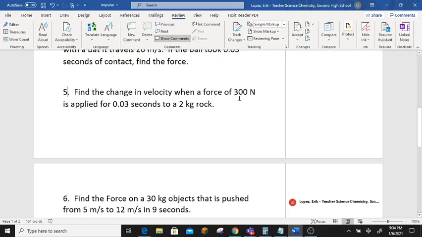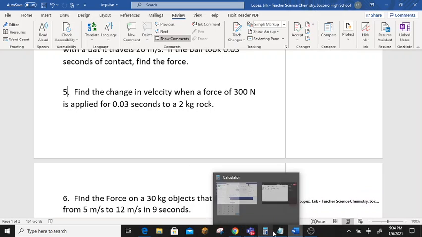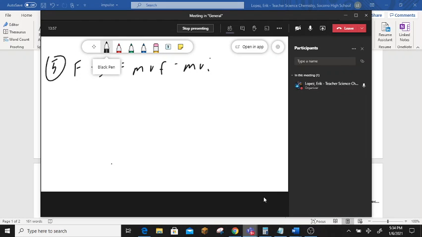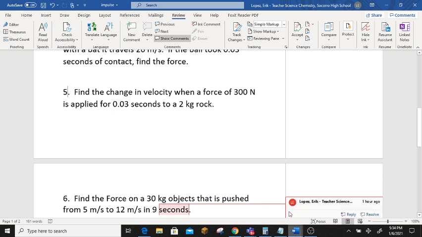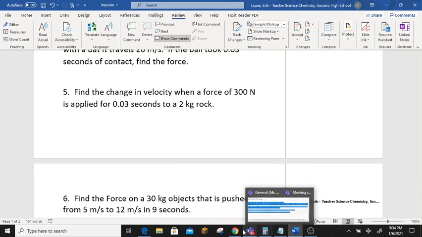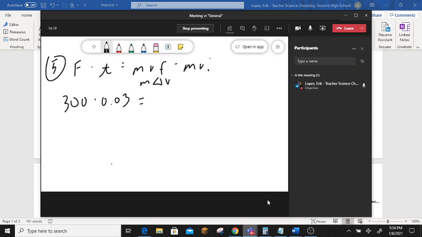So let's plug in what we know. The force is 300. Time is 0.03. And this is actually mass times the change in velocity. Since they just give us a mass of 2, we're just solving for the velocity in general, okay, in total. So we can just set it up like this.